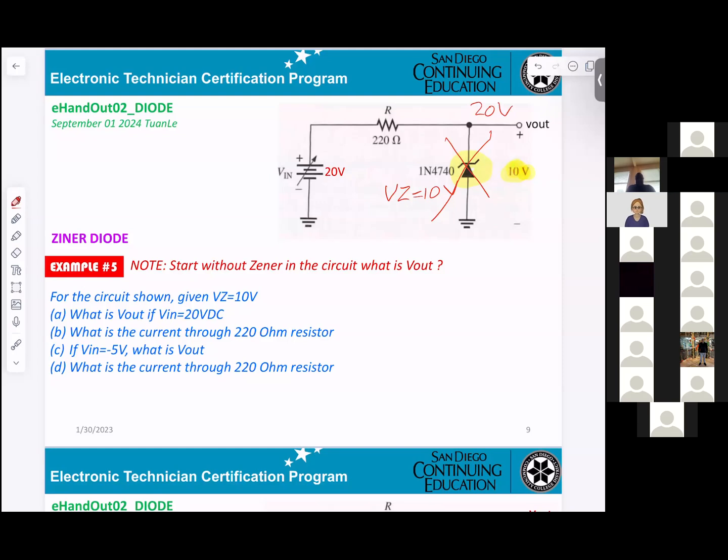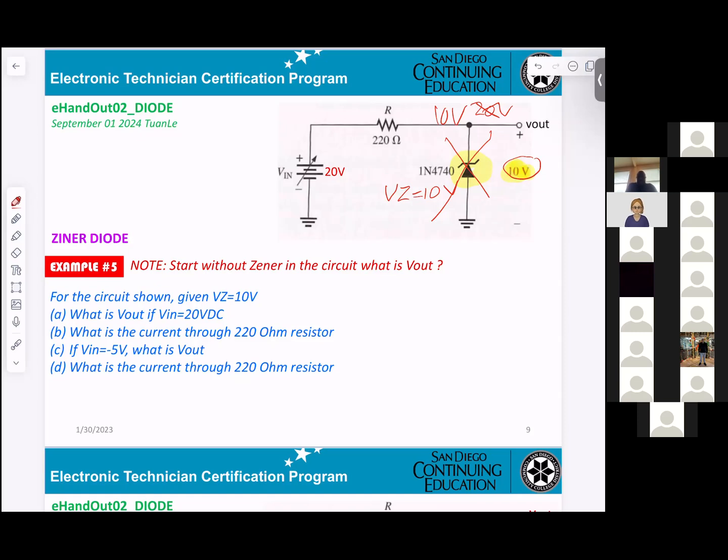Now, if you have the Zener, and the Zener is 10, any voltage higher than 10, it cuts out. So that's why the voltage now will be 10 volt. That's why you have to know the way to solve the problem logically.